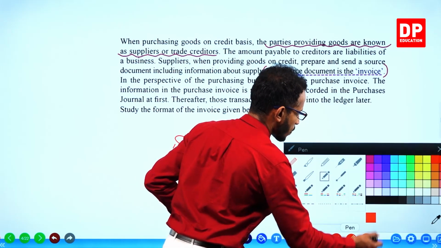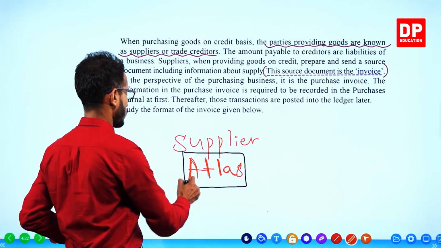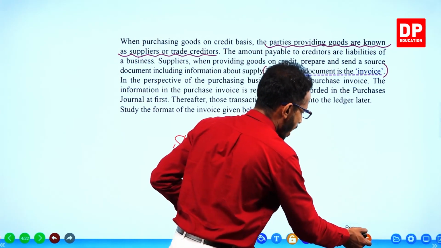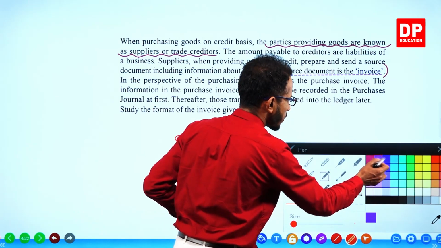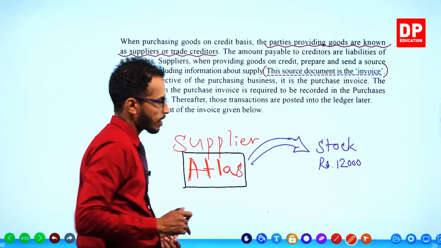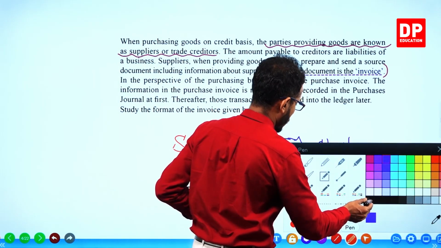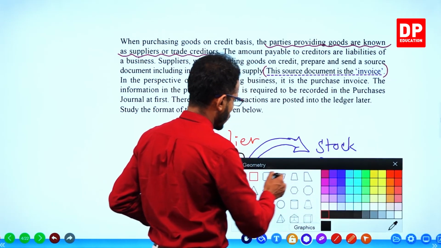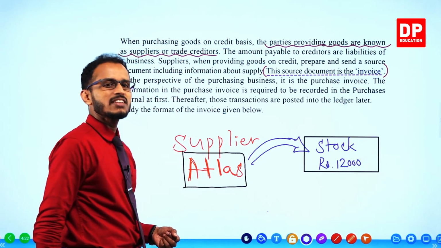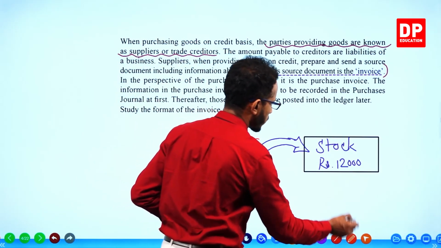Now, I'm purchasing. If I purchase from Atlas company a stock worth 12,000 rupees, for this amount I need to prepare an invoice, a stock of 12,000.